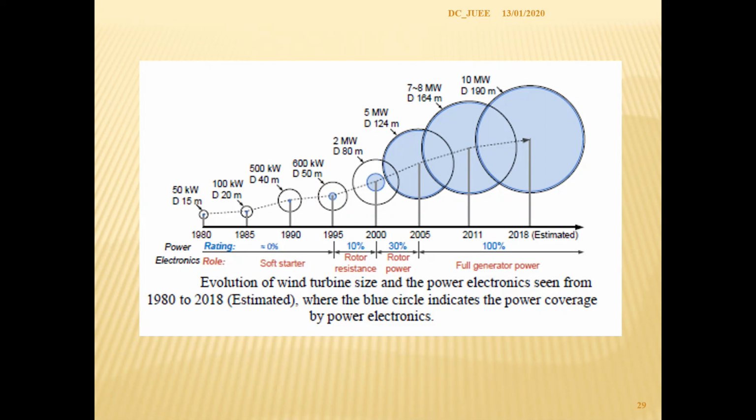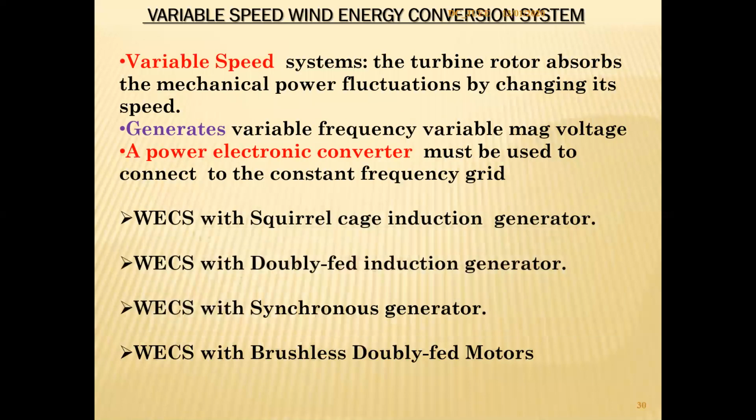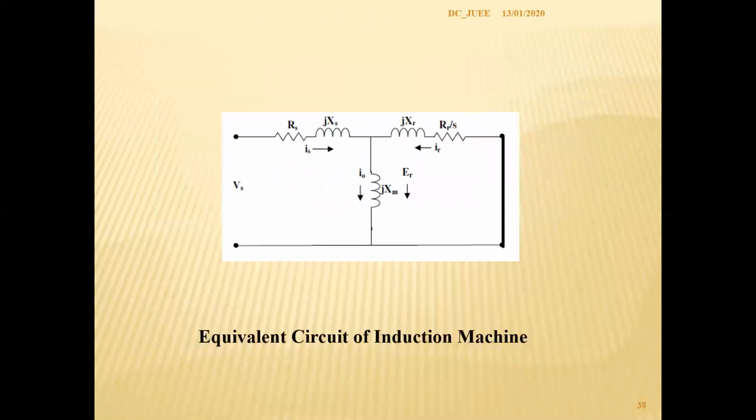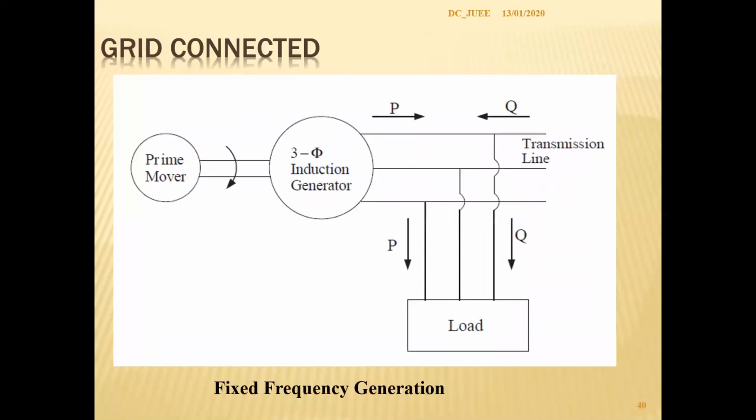So we are able to control a large amount of power at the stator terminals only by controlling a smaller power at the rotor terminals. This is the actual mode of operation that exists these days.